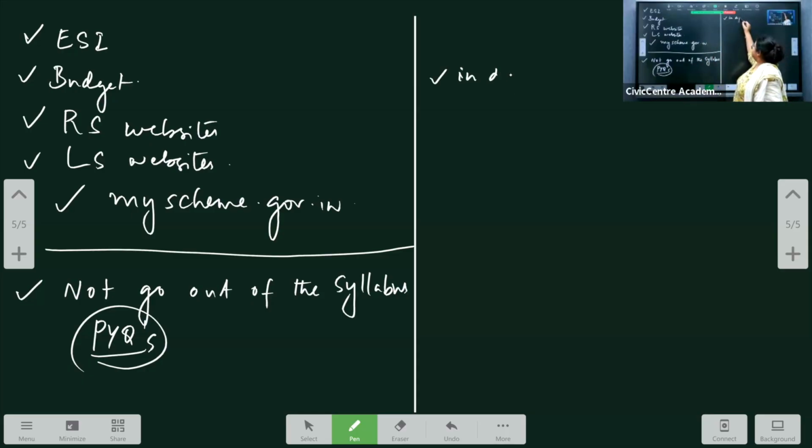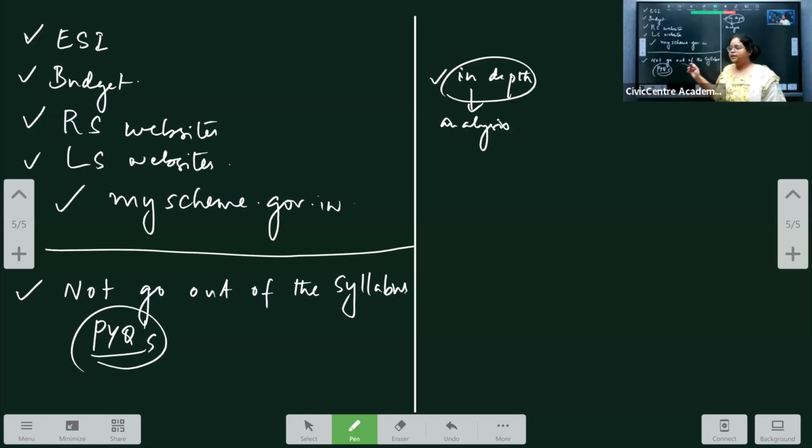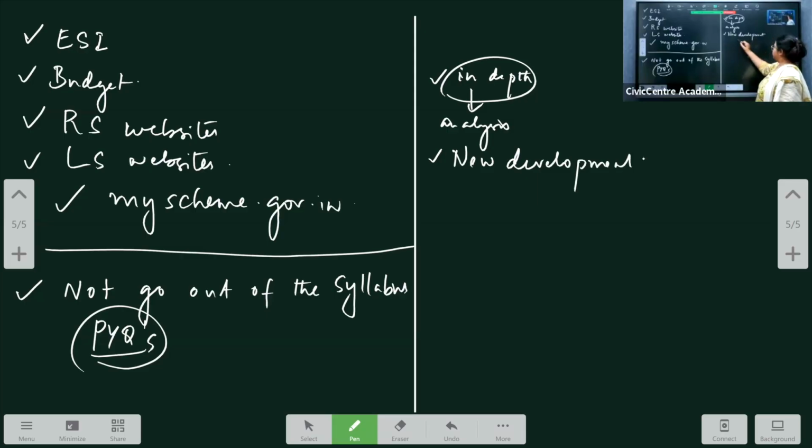In S&T, they will never ask you the complete in-depth analysis or facts, I mean, in-depth analysis of the project. All they need for you to know is what are the new developments that are happening in the country as well as globally.